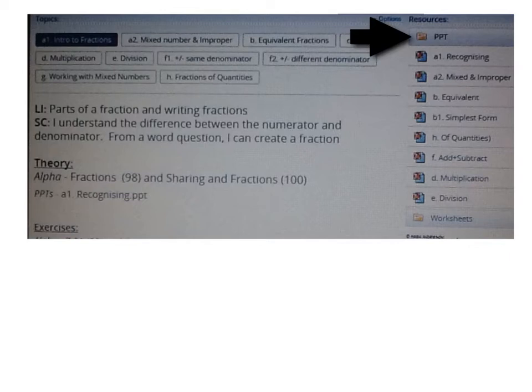So when you are working along the top there, when you're doing introduction to fractions or mixed numbers, equivalent fractions, ordering, multiplication, division, and you need some extra help, go and have a look at the PowerPoints over there. They're there to help you. Right at the bottom, you'll see that there are worksheets that are identified, and that is some extra practice for you. So don't be slow, don't be shy to go and use those to your advantage.